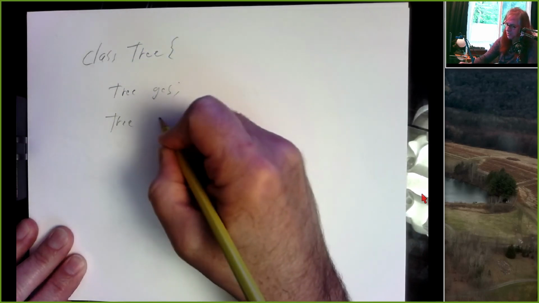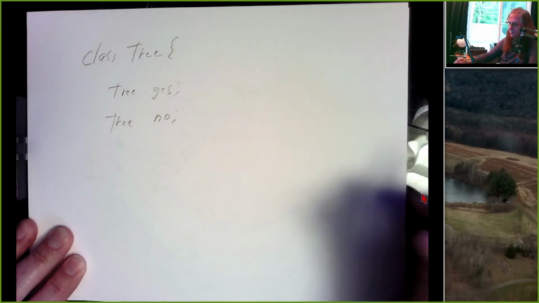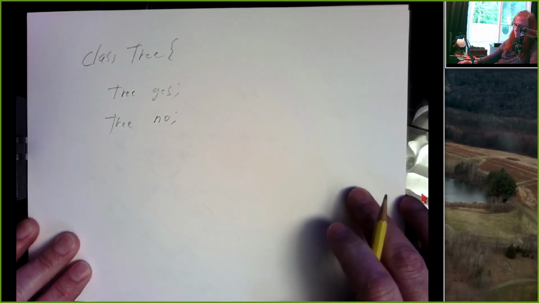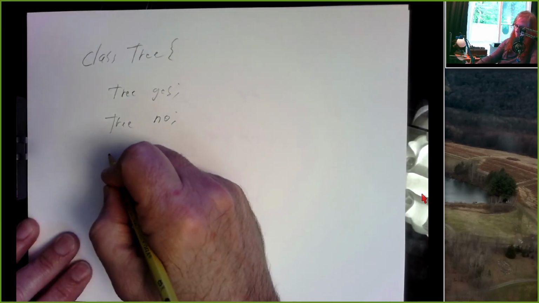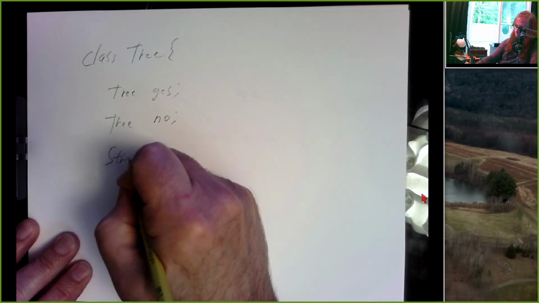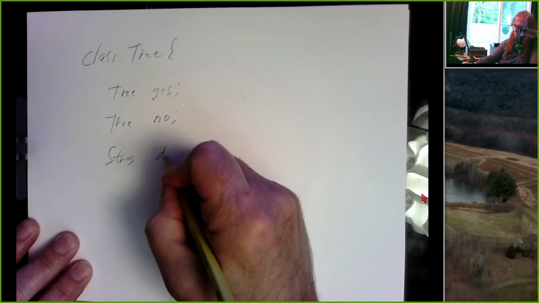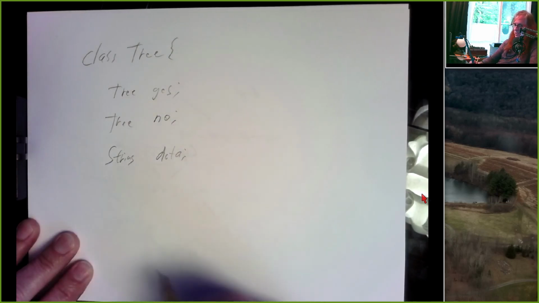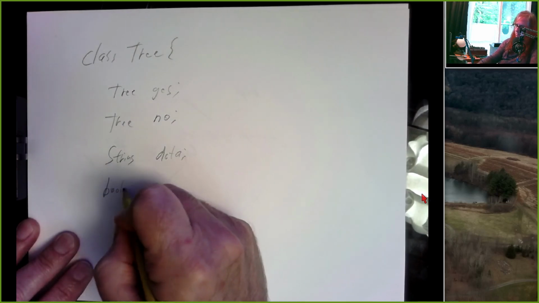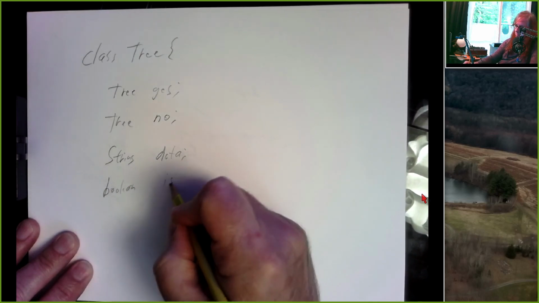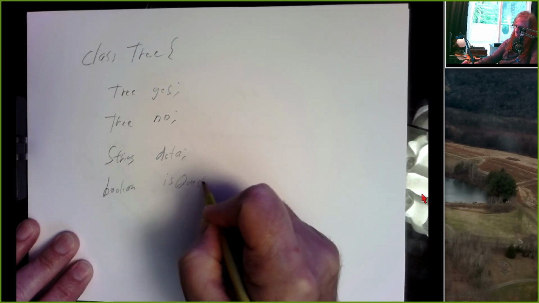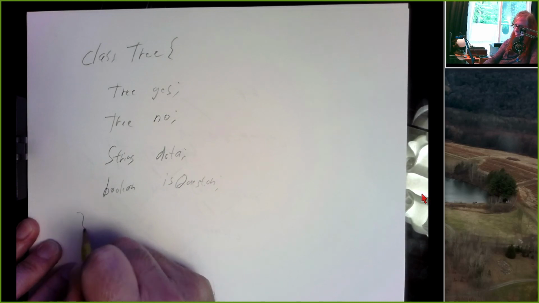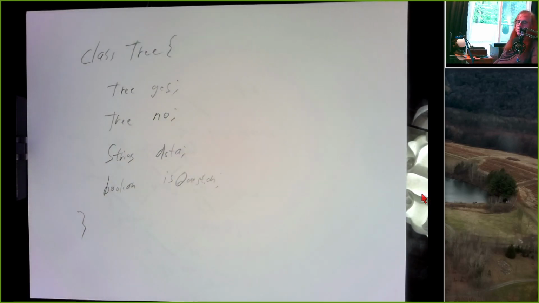There's a tree called no. There's a string, I can call it data. That's going to be a question or an answer. And maybe a Boolean, which says, is this a question?